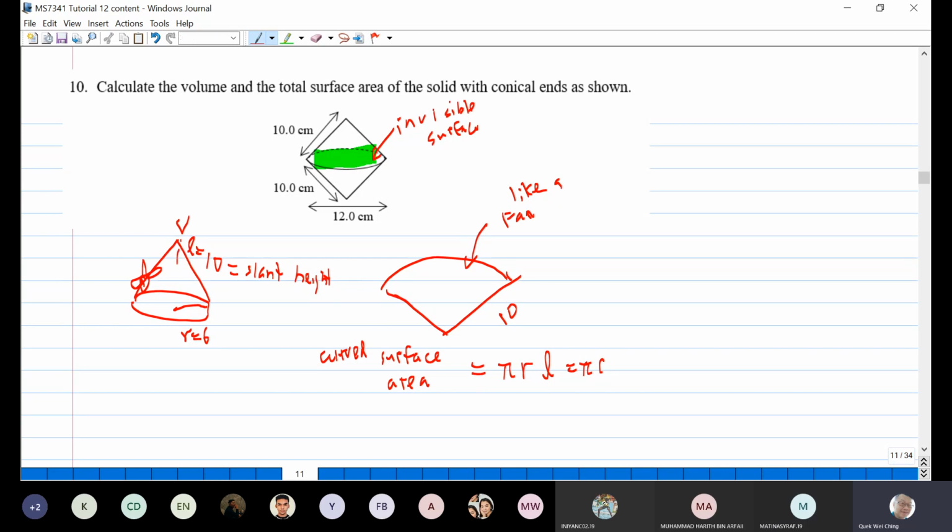Radius 6 here. 6, and l is 10. So 60 pi here. And this is 188.4, or 188.5.